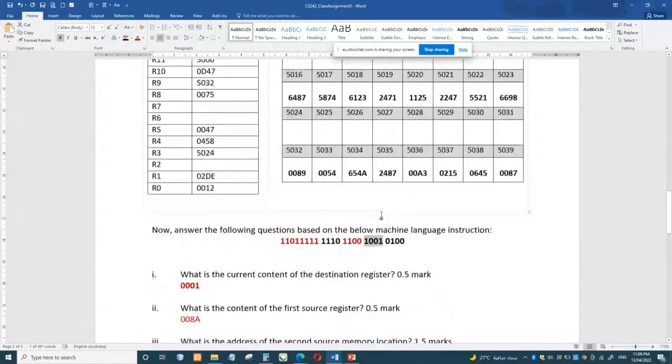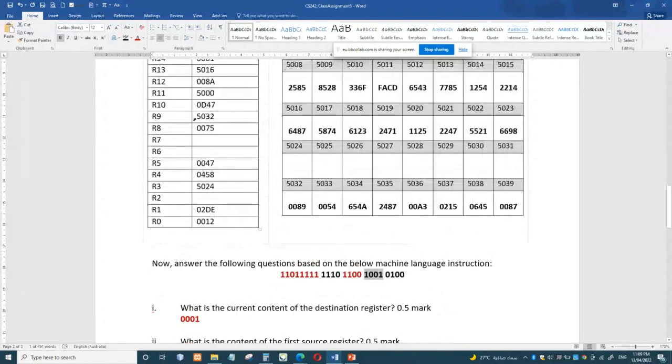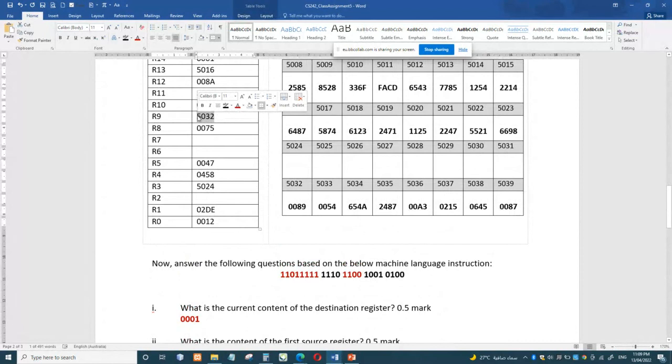If you go to register number 9, is it containing a value, or an address of a memory location? Address. It contains the address. So 5032 is the address of the memory location, isn't it?